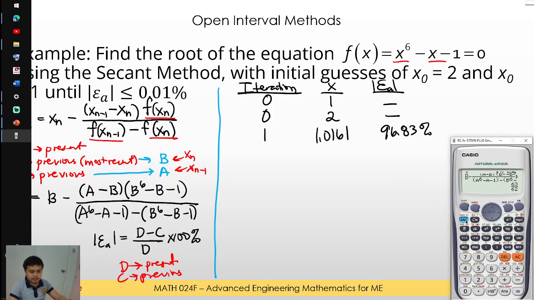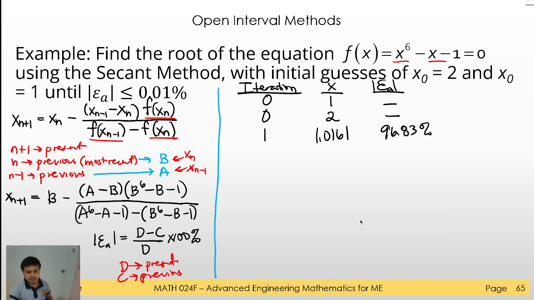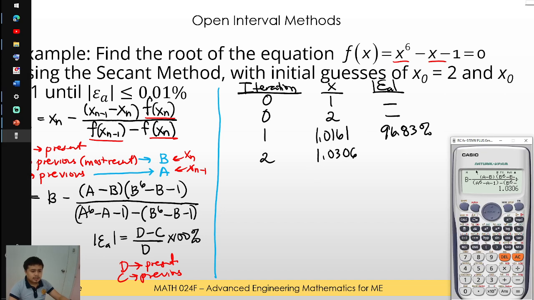And then substitute this again. So our most recent value right now is 1.0161, and the previous to that is 2. And then we will have 1.0306 for the second iteration.